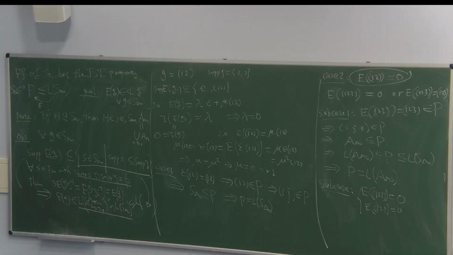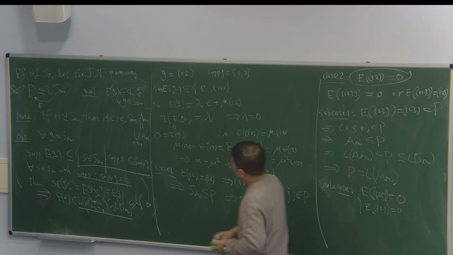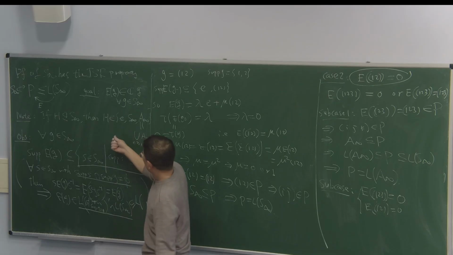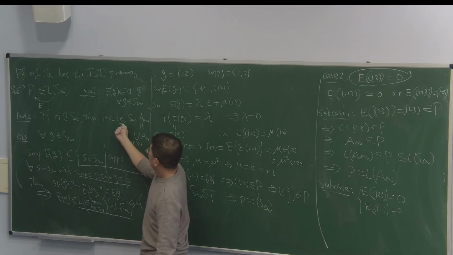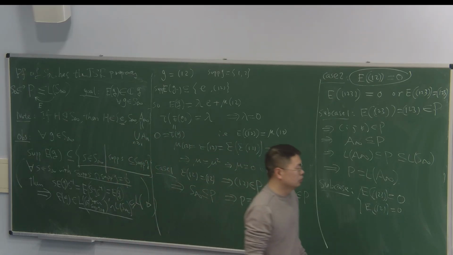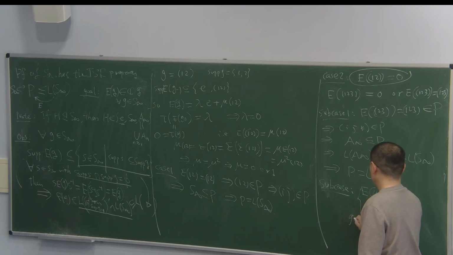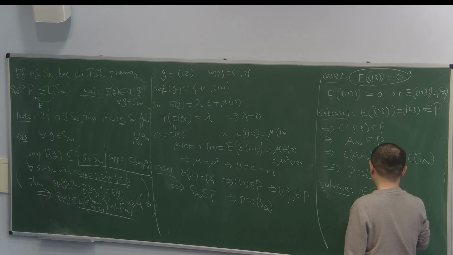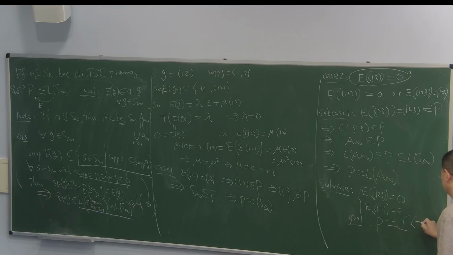We have no other choices, because if you believe what we are to prove is correct, then we have to show P equals L of the trivial group, which is C. The goal is to show P equals C. In other words, we have to show E(S) equals 0 for any S non-trivial in the group.